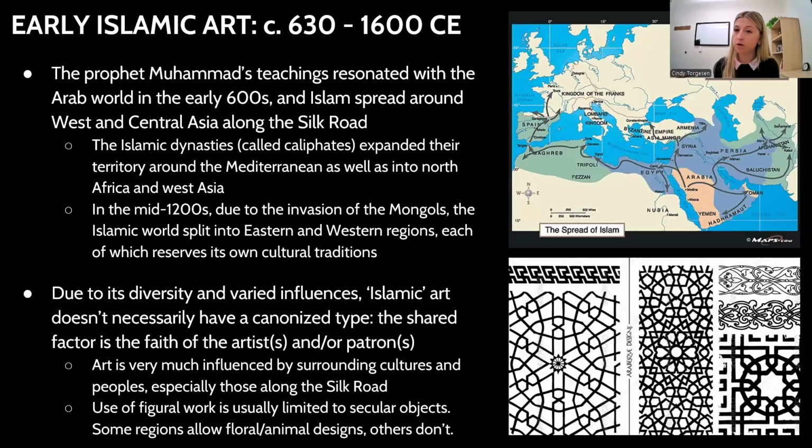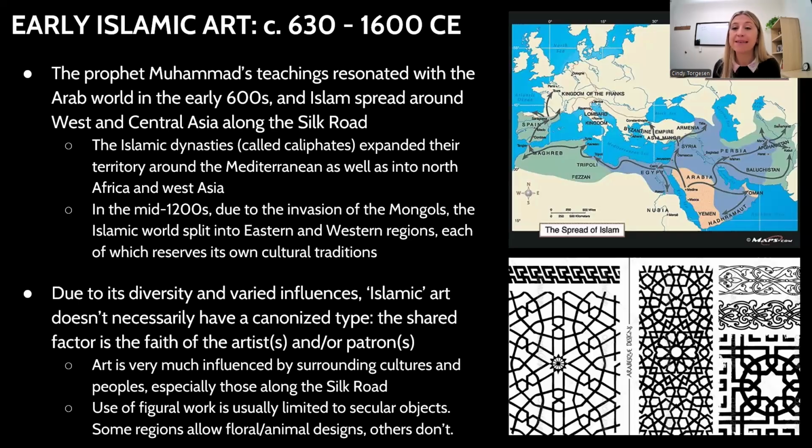But because we don't see figures, what is being used? What is being depicted? Well, you're going to see a ton of geometry. You're going to see a lot of vegetal patterns. When I say vegetal patterns, it's going to be vines intertwining and flowers and plants, things like that. And a lot of use of calligraphy, the artful design of text.